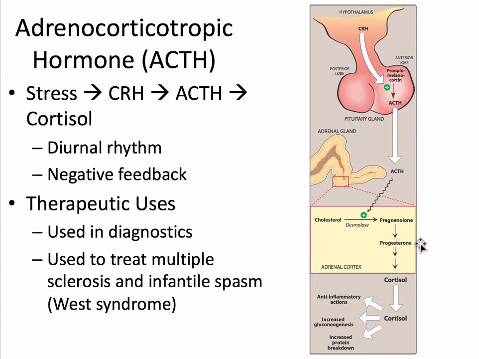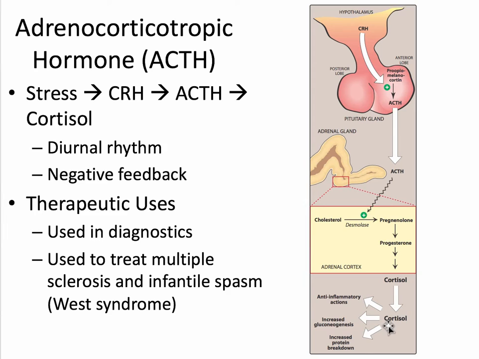So what happens is the hypothalamus releases corticotropic releasing hormone that travels to the anterior pituitary. We're going to have the release of our ACTH. That's going to travel through the bloodstream to our adrenal gland, and the adrenal cortex here is then going to produce and make cortisol, and that's the hormone that it releases.